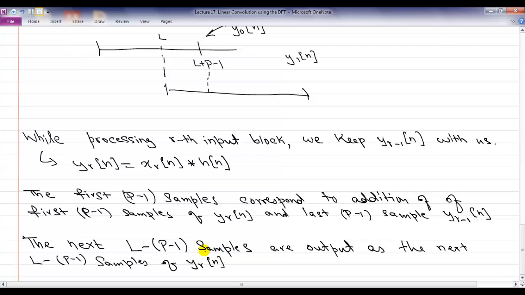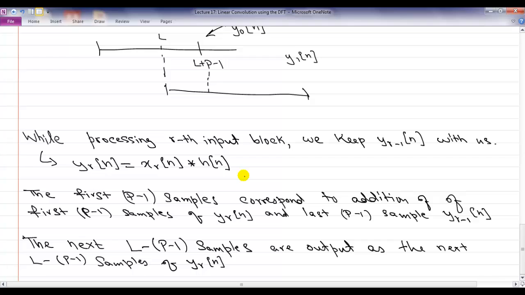But y_r[n] still has P minus 1 samples left, and you hold on to them for processing of the next block. So once you are in steady state in overlap add, every time you are producing L samples. When I say produce, I mean what you output. Inside your digital system, you are producing, of course, L plus P minus 1, but you hold on to P minus 1 samples for the next block's processing.